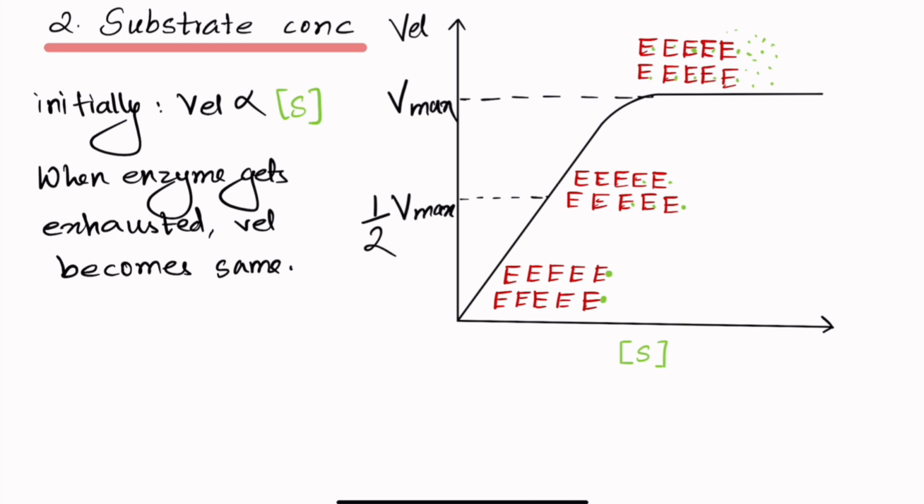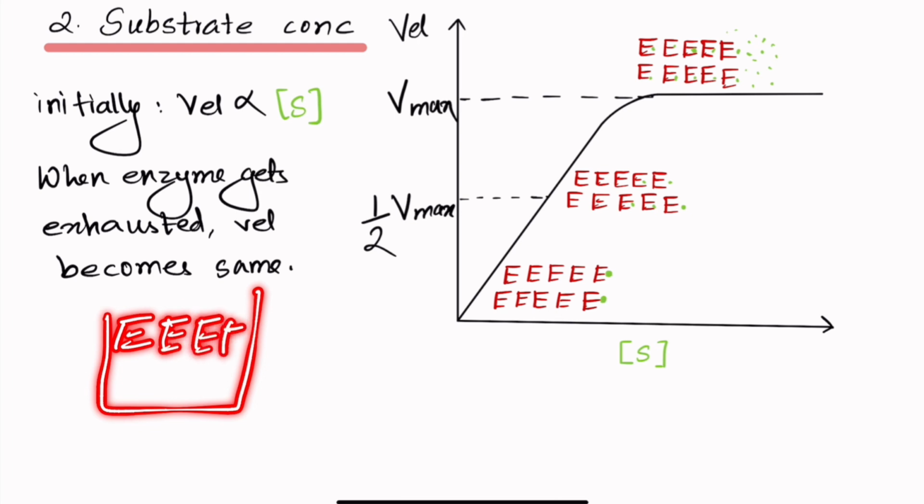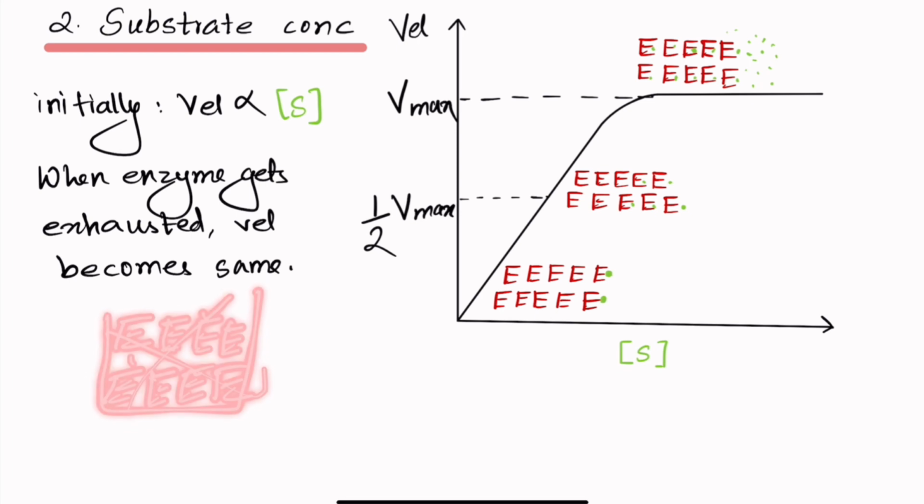Let's say initially there is zero concentration of substrate, only enzymes are present in the vessel. There's a vessel that contains 10 molecules of enzyme, and there's no substrate. At that particular condition, the velocity of the reaction is zero as well.